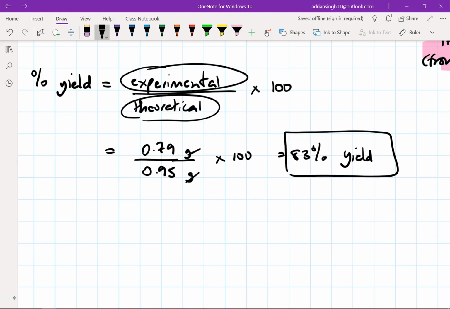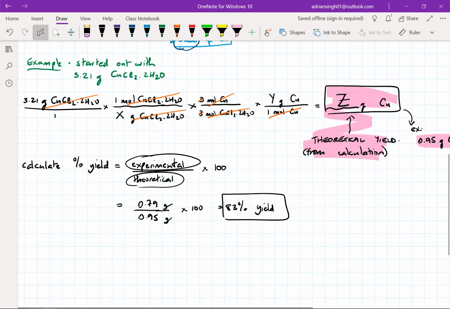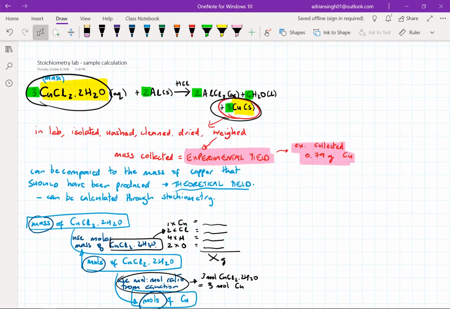That means you collected 83% of the amount that you should have gotten when you did the experiment. All right, so those are the steps involved in the stoichiometry lab calculation.